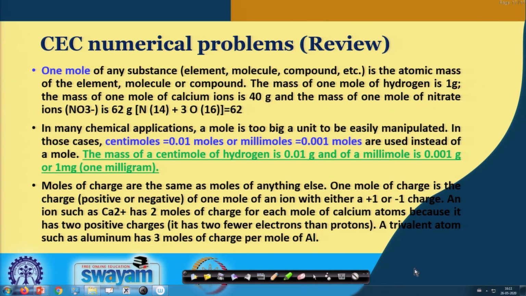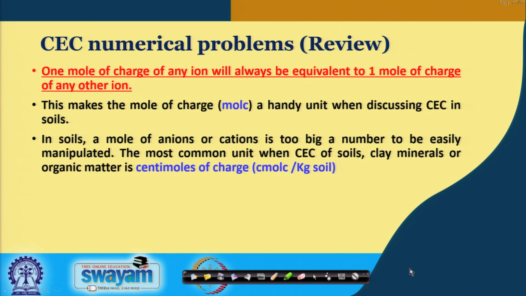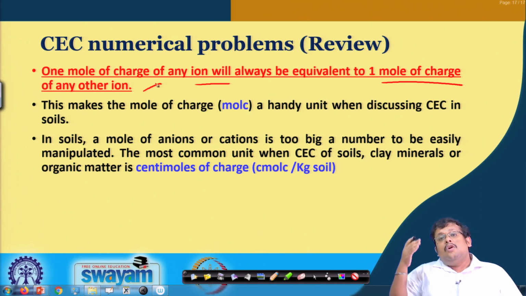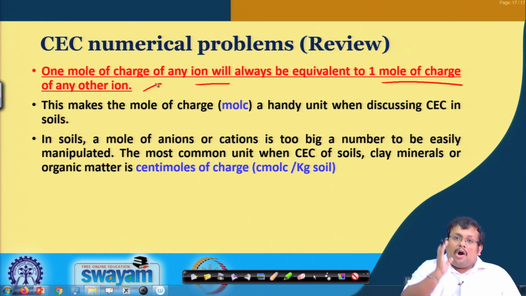Now, the most important thumb rule for calculating the cation exchange capacity is that 1 mole charge of any ion will always be equivalent to 1 mole charge of any other ion. For example, 1 mole charge of calcium will always be equal to 1 mole charge of aluminum.